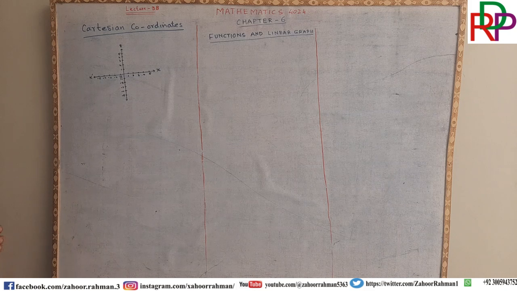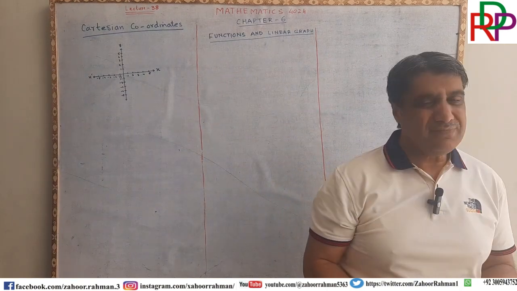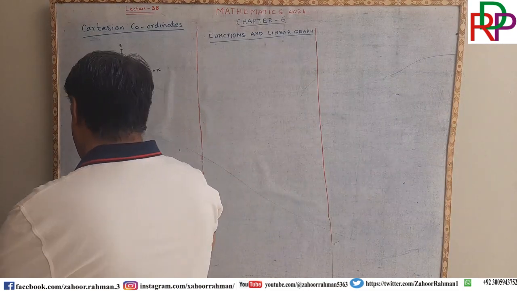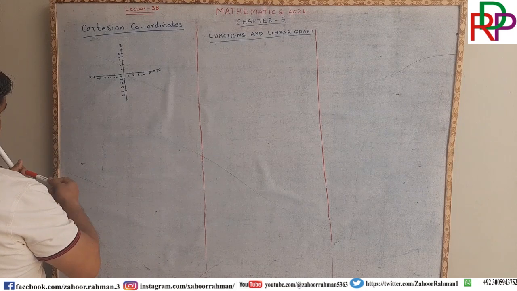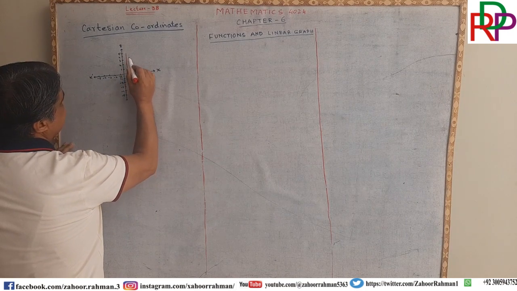Ladies and gentlemen, you have to use the graph paper which can be found in the market very easily, and you know that the lines inside the graph are like this.